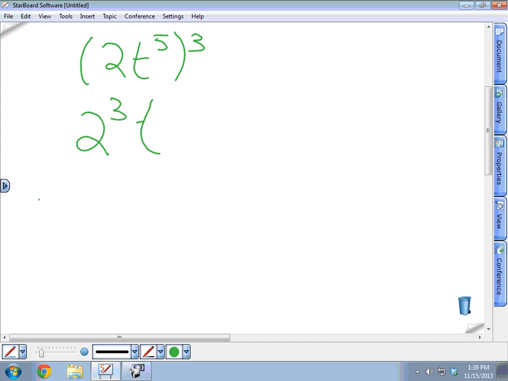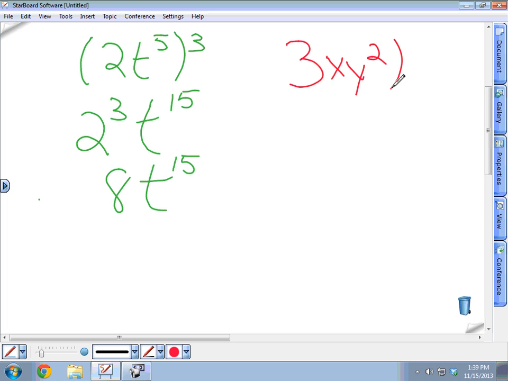T to the 15th. What is 2 cubed? 8 T to the 15th. Let's see. This is number 17. 3xy squared, z to the 2nd power. Maggie.